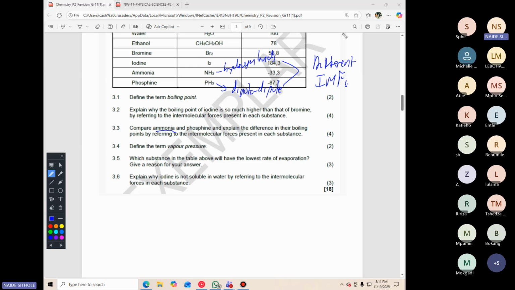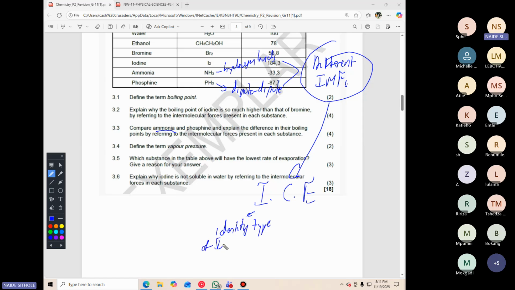Now, what is the strategy with the ones that have different intermolecular forces? It's ICE. You no longer use ISCE, it's now ICE, whereby now you have to what? Identify type of intermolecular forces in each compound or molecule.